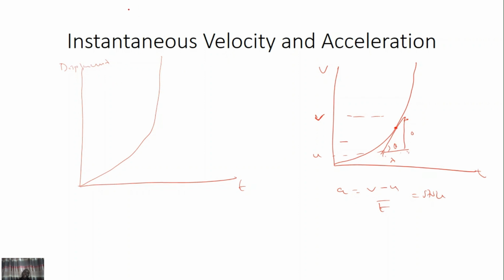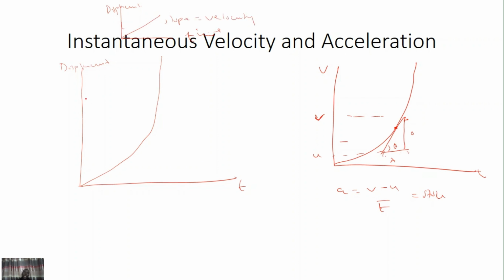Don't forget that if you have a straight line for a displacement time graph, you know earlier I talked about the distance time graph, which was for speed. The same thing for the displacement time graph. That will be for the velocity. The slope will be equal to the velocity.